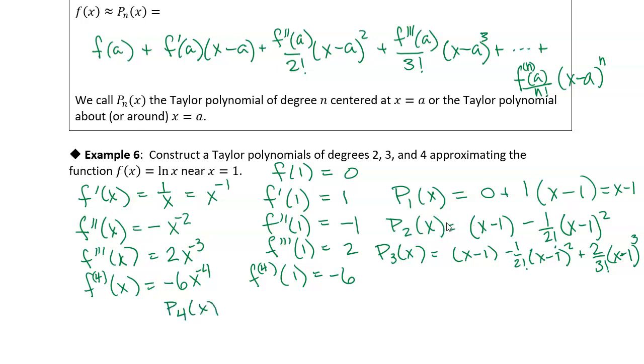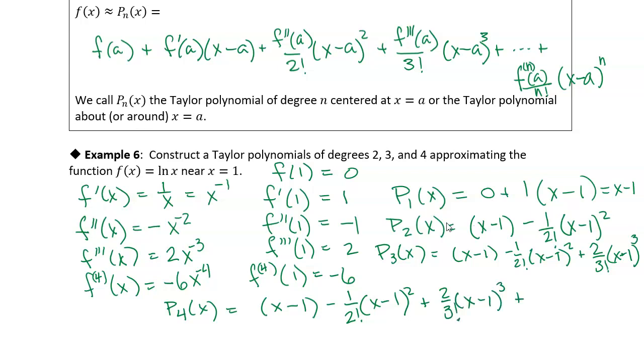The fourth degree Taylor polynomial is, the first 2 terms are the same. f of 1 is 0, f prime of 1 is 1. So we have the x minus 1, and then the next term is also the same. So we get 1 over 2 factorial x minus 1 squared, and then plus 2 over 3 factorial x minus 1 cubed.